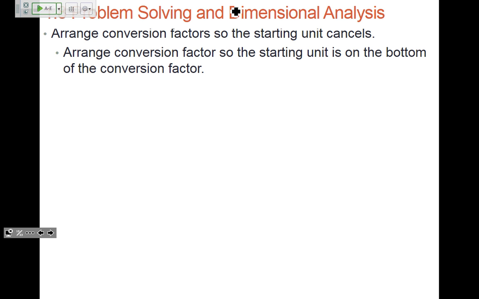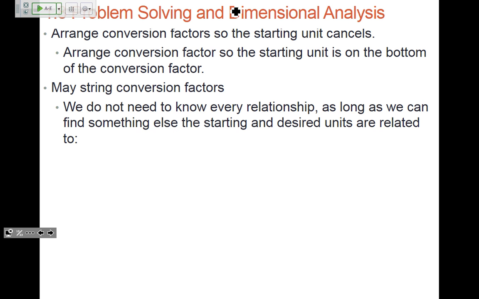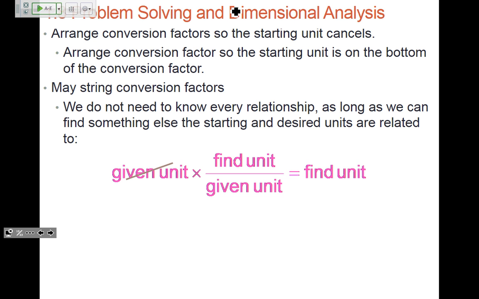But to use this as dimensional analysis, we want our units to cancel out. So whatever unit is on the top, we're going to put that same unit on the bottom in our relationship. We can use this as a string as well, as long as we have units that are related to each other. So if we have a relationship, find unit equals given unit, we want our given unit on the bottom so it can cancel out.